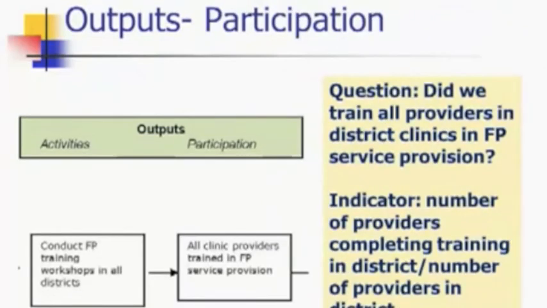And for the participation component of output, all clinic providers trained in family planning service provision, I might ask the question, did we train all providers in district clinics in family planning service provision? And the indicator might be the number of providers completing training in district over the number of providers in the district.